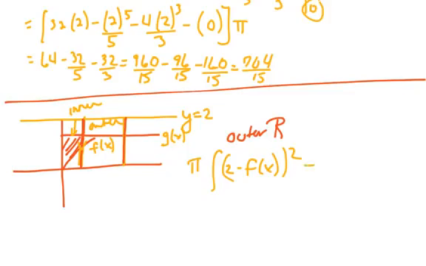Similarly, for the inner radius, you're going to have 2 minus the function g of x, squared dx, for the same reason.